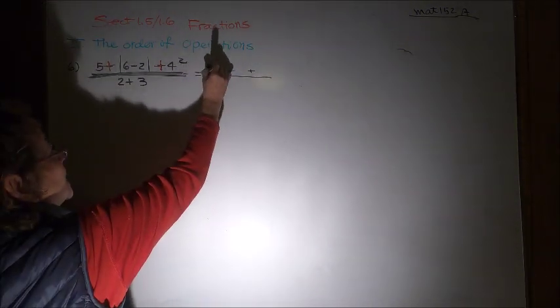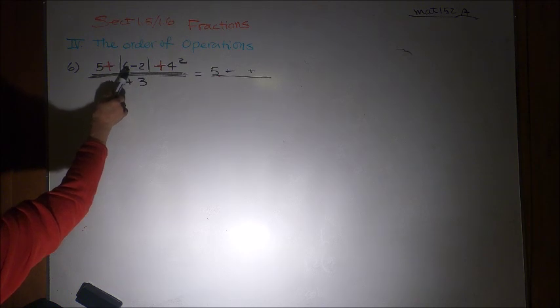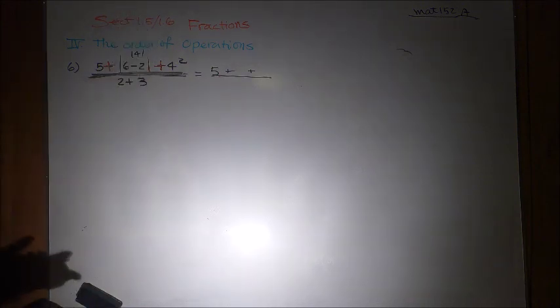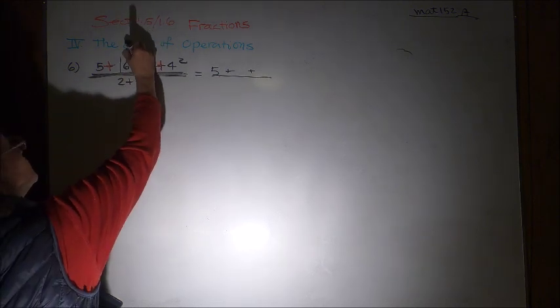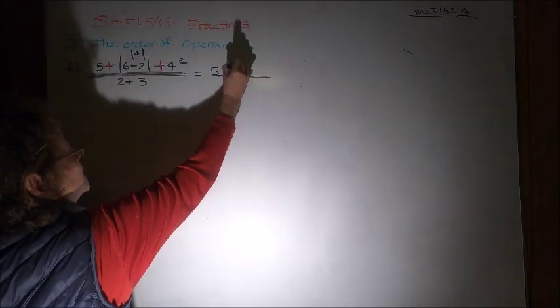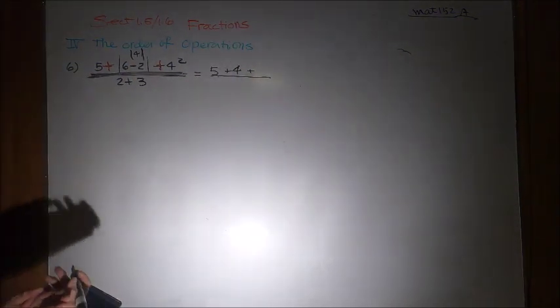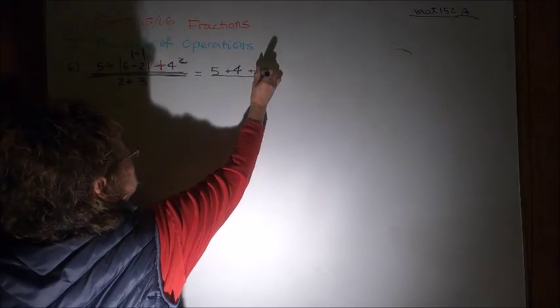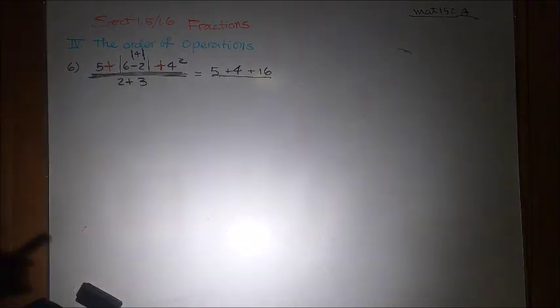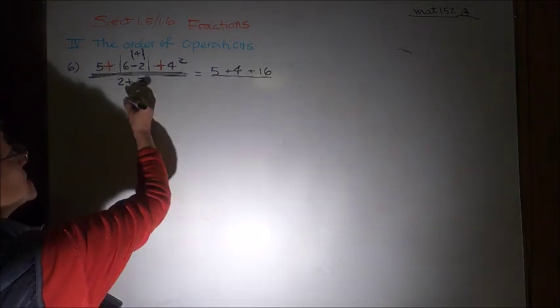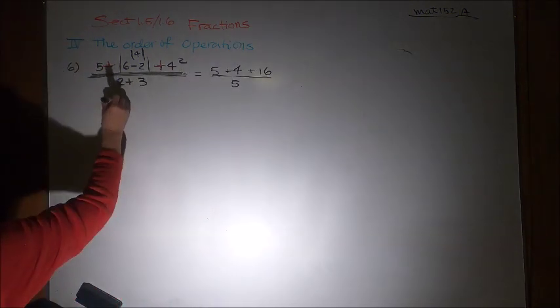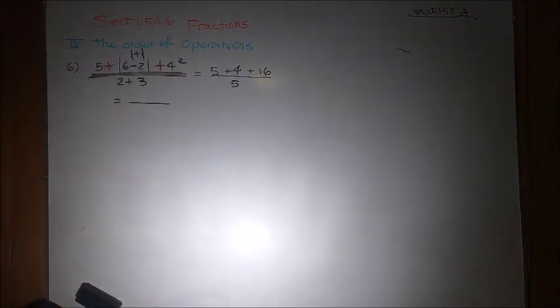So 5 is 5. And next one, 6 minus 2 is what? 4. Then absolute value of 4 would be 4, right? Then for the next part, 4 squared is what? 4 times 4, 16, right? On the bottom is a separate group, 2 plus 3, which is 5. That's the easy one.